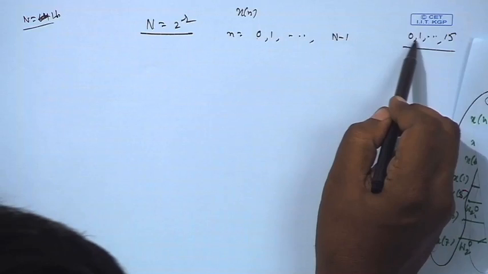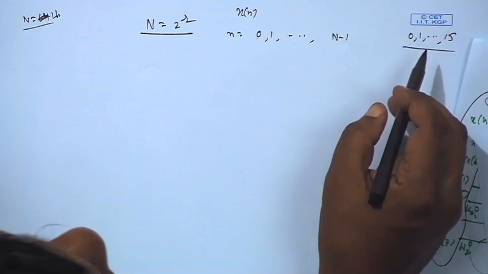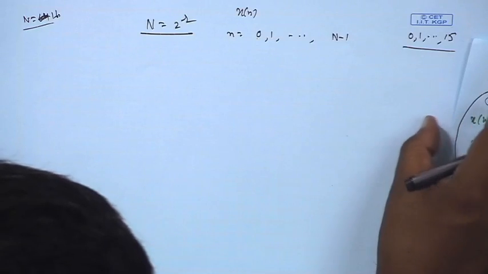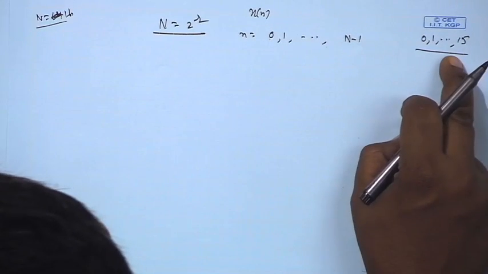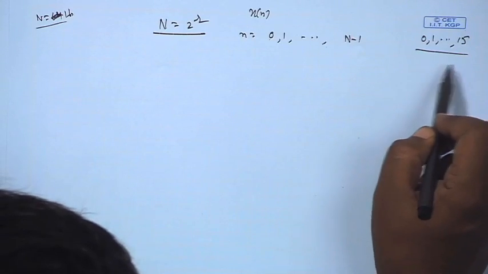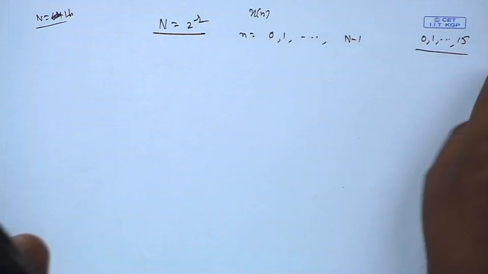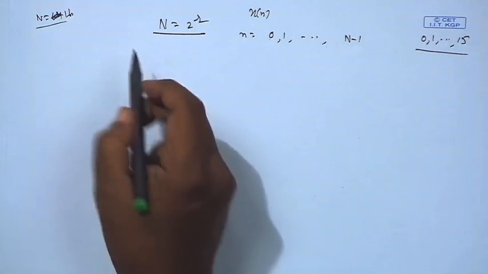Now, all these decimal integers 0, 1, 2, 3 up to 15, if I want to represent them by binary words, how many bits will be required? 4 bits here, 2 to the power 4 is 16. So, 0000, 0001, 0010, like that. In general, if it is 2 to the power r, I will require r bits.